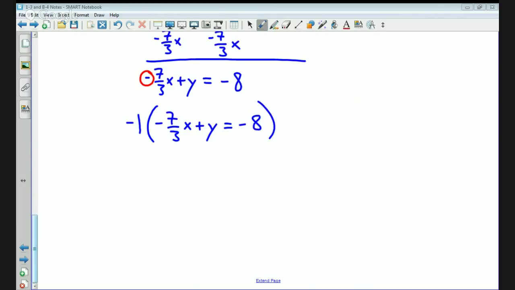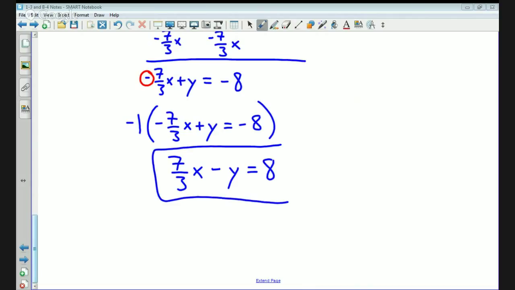And when we do this, distributing into each piece, we'll have a positive 7/3 x minus y equals a positive 8. And this would be the standard form for the line that we started with in the slope-intercept.